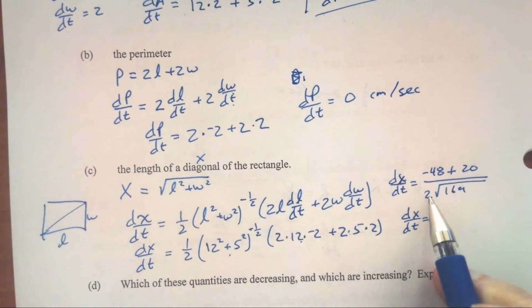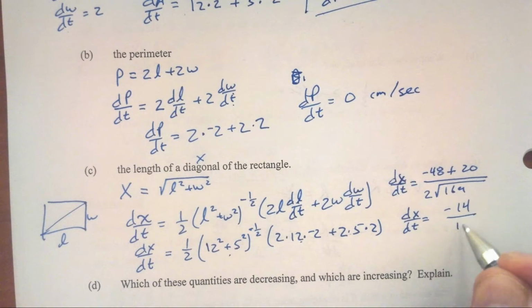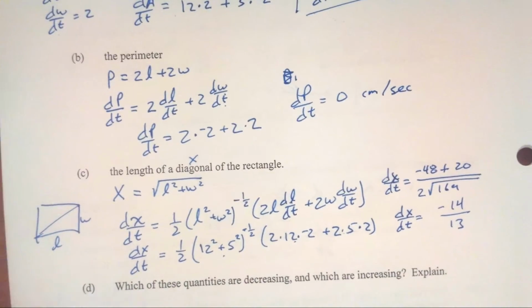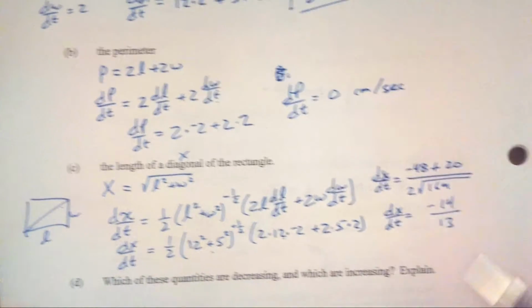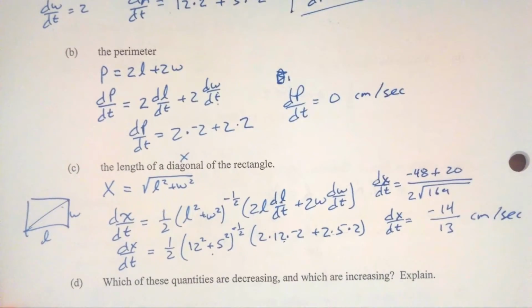Negative 28 on 2, that's negative 14, the 2 reduces with the 2, all on 13. dx/dt, x is diagonal, it is a length, therefore it is centimeters per second.